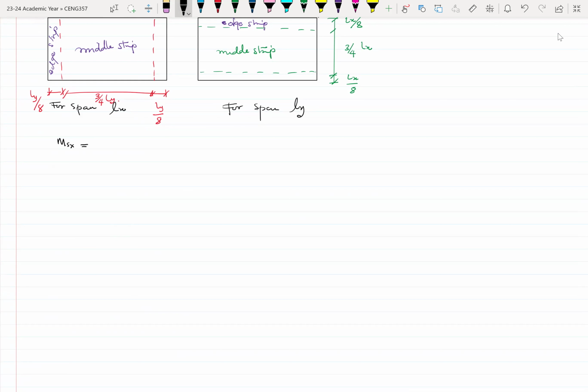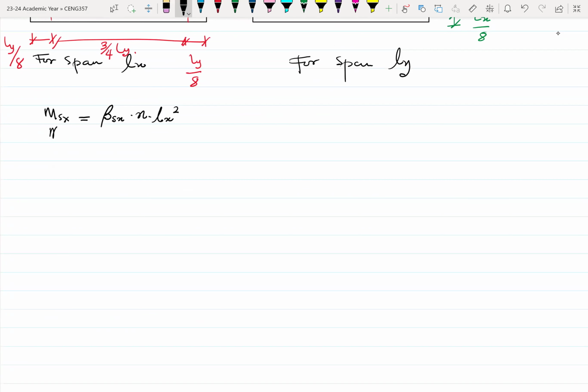But this time around, since we're looking at continuous, we use the moment coefficients beta Sx times the ultimate load n times the length of the shorter span Lx squared. Then our MXY will also be beta xy dot n dot Lx squared. So this is for finding the moment.